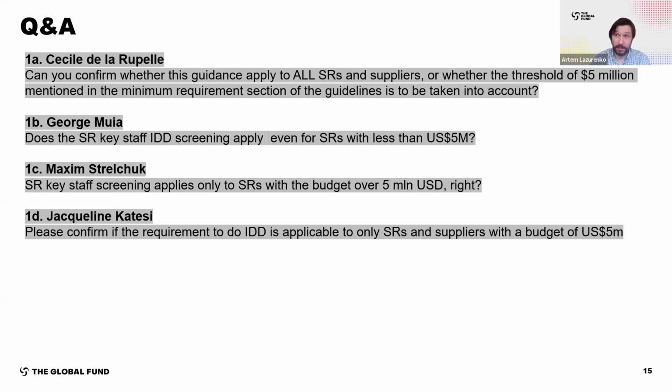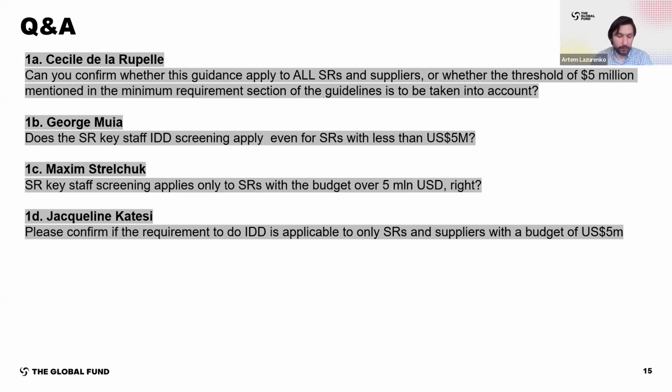So nobody is excluded from IDD, because prohibited practices and restrictive measures, they apply to everybody, right? You cannot retain a sanctioned supplier if it has a small budget. That's not how it works. If a supplier is under sanction, then it cannot be retained.